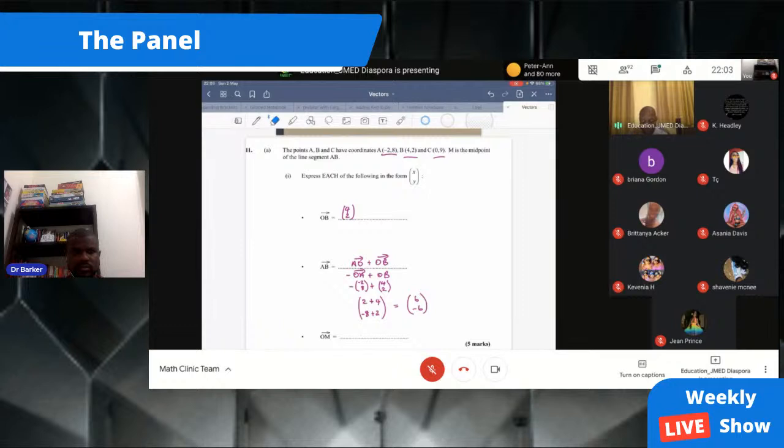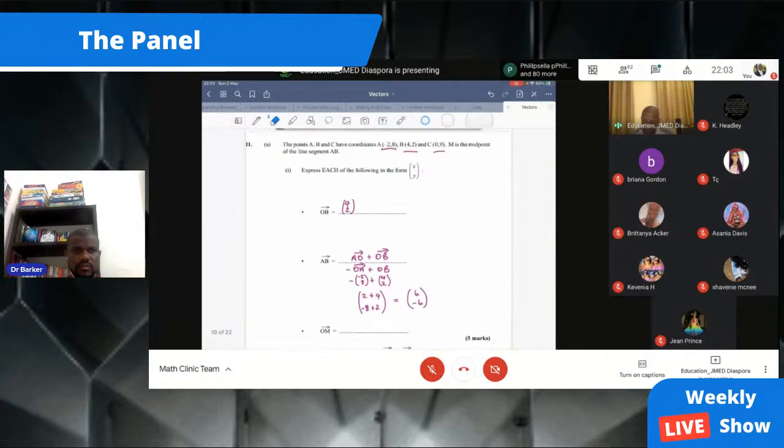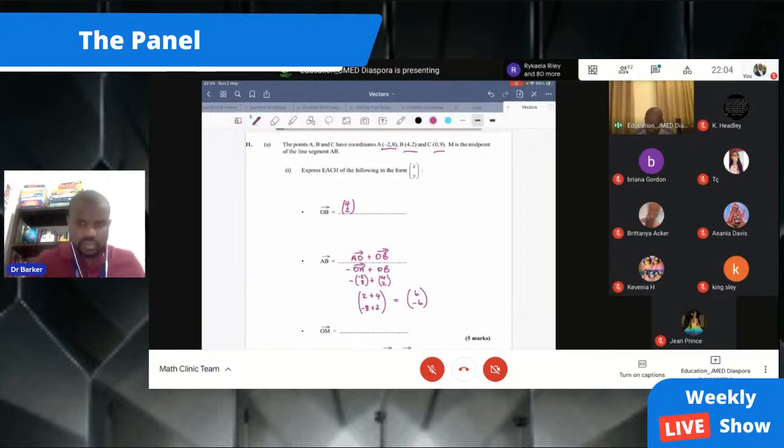If M is the midpoint of AB, look at how nicely this works out now. What would be OM? 3, negative 3.